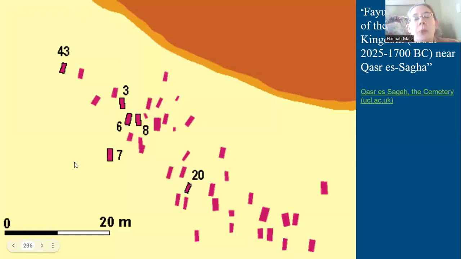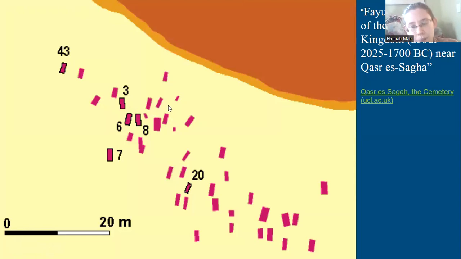So part of what comes along with greater settlement of a site is that people are going to die and need somewhere to bury them. And so one of the other things that we see in the Fayum is cemetery sites and burials in that region as well. So that's what this is.